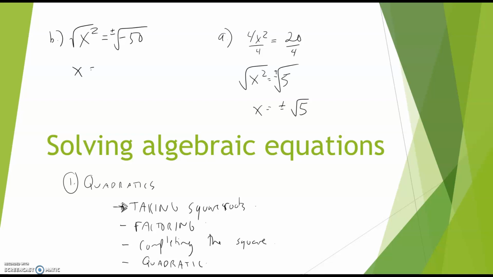I get x equals plus or minus the square root of negative 50, which is the square root of negative 1 times the square root of 50. So that gives me i times the square root of 50, right? Where we define the square root of negative 1 as the imaginary unit i, okay?